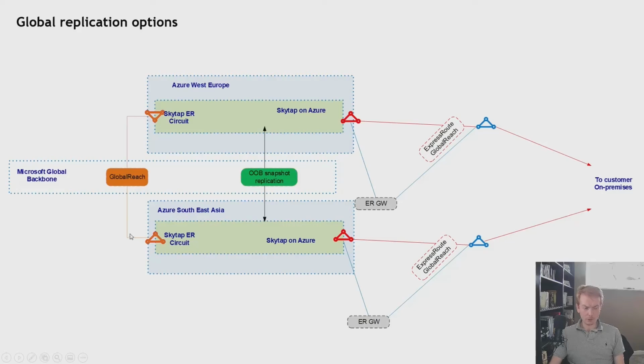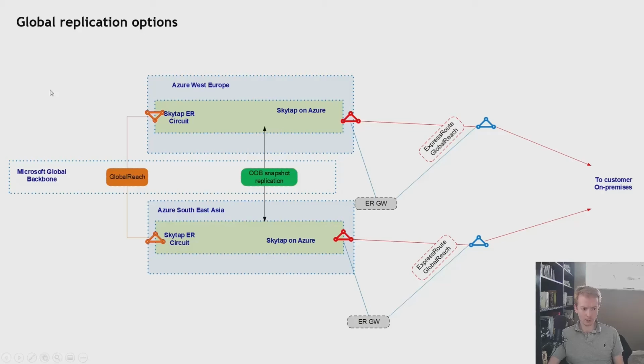So for this customer, we've deployed the regular red circuits on the right-hand side here to get to their on-premises environments, but we've also deployed some additional circuits, again on the dedicated equipment for Skytap, but these are circuits that will be just used for replication between Skytap.